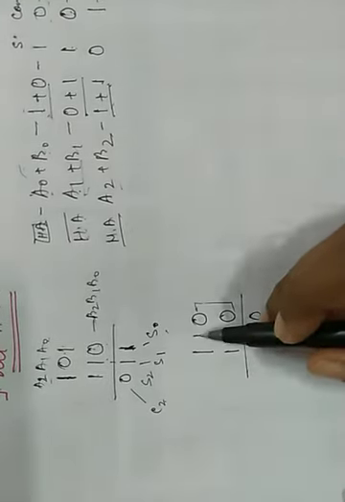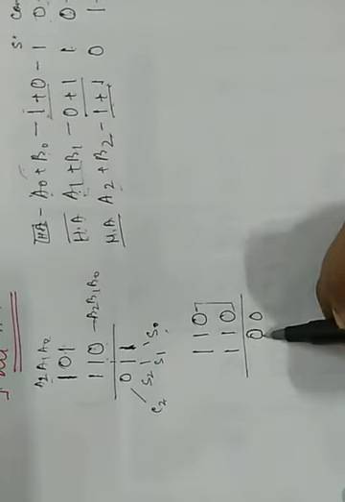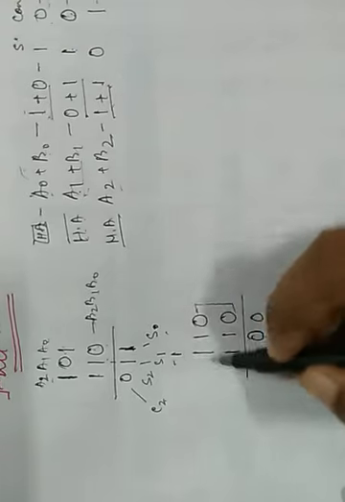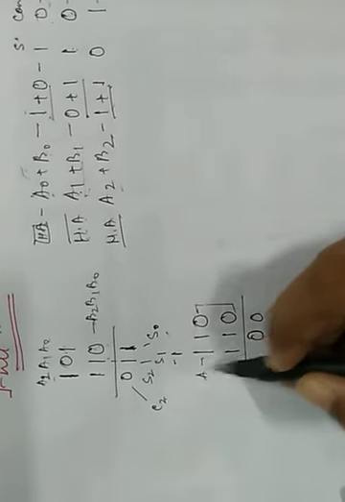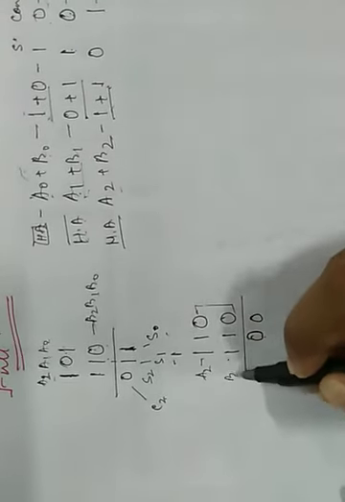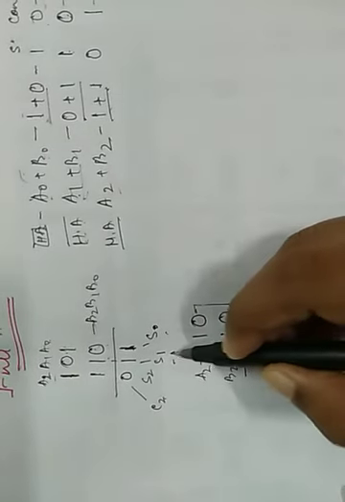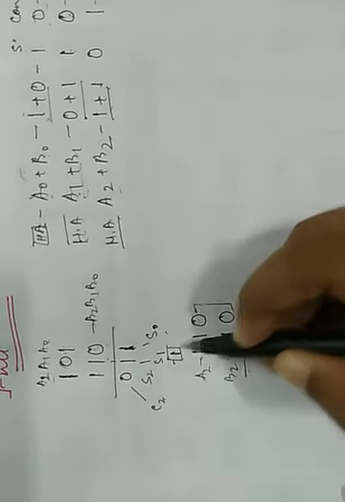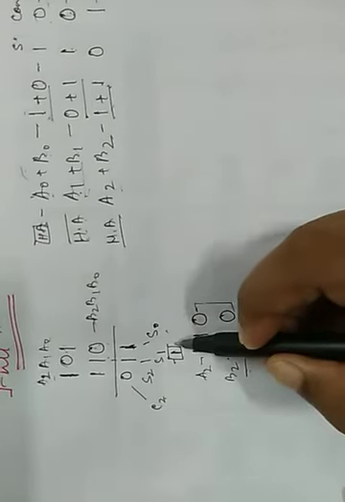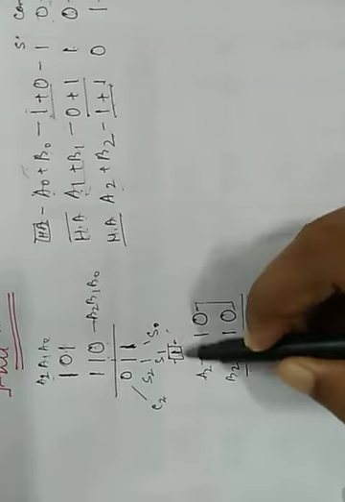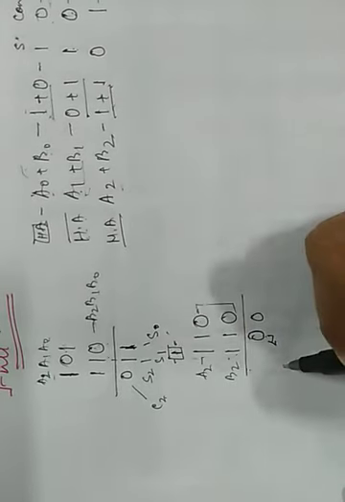But as 1 1 is 0, we get 1 carry here, and you can see that this is A2 and B2. But here also comes one extra bit, which is the carry out of the previous bit. That means here we have to add this carry also.